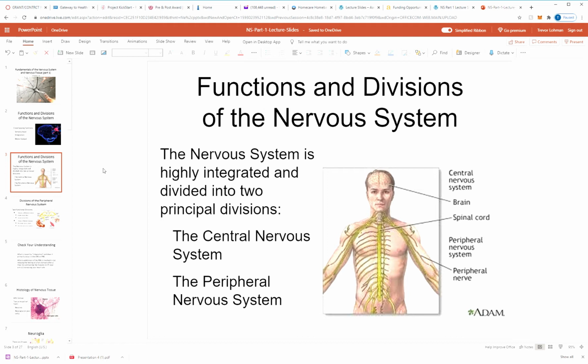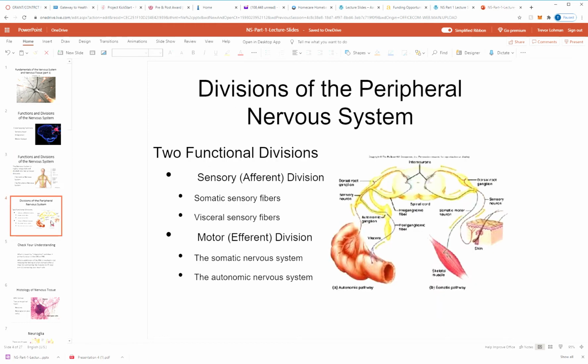But for the sake of learning how it works, it's very helpful to break it up into components. So this is just the first of many components we'll break the nervous system up to. We'll do autonomic, we'll do somatic, we'll do visceral, we'll do all kinds of things. And a part of that is right here on the slide.